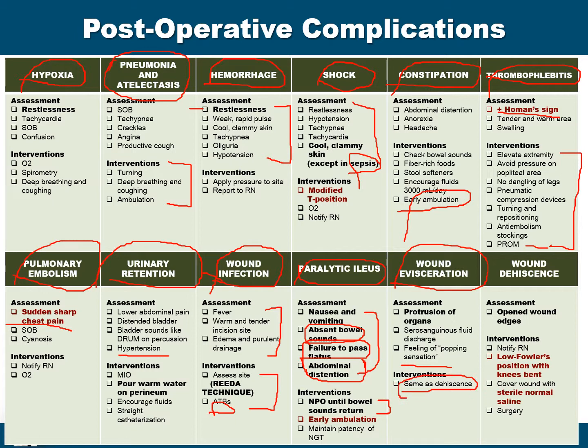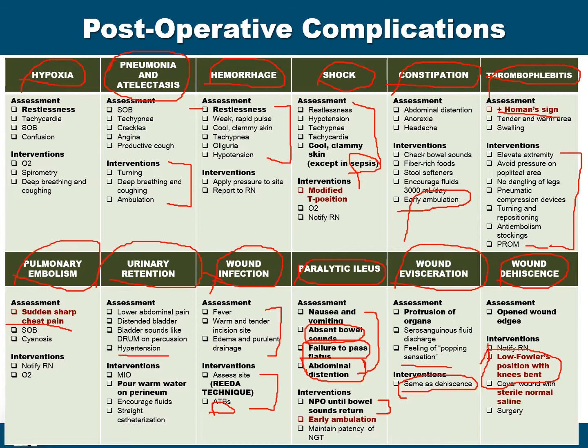So let's now go and discuss wound dehiscence. Okay, so wound dehiscence basically is the opening of the wound edges. Our interventions for that is to notify the RN if you're the LVN. Place the patient in a low Fowler's position with the knees bent, and the purpose of this is to prevent the wound from splitting further.